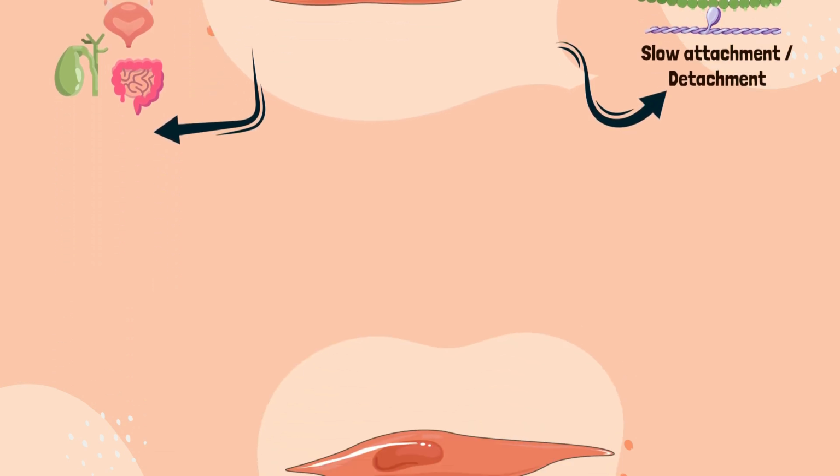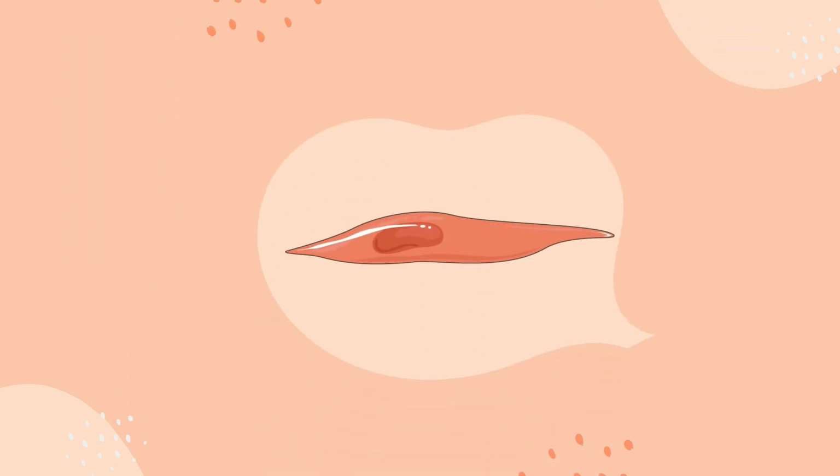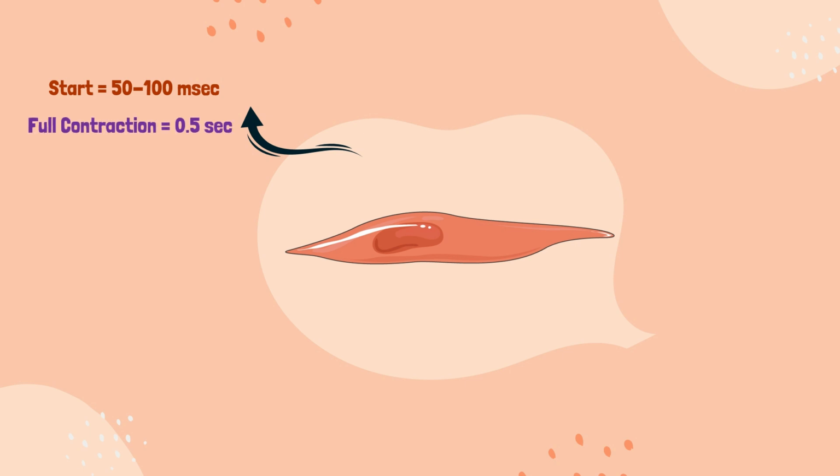Third difference is the slowness of onset of contraction and relaxation of the total smooth muscle tissue. A typical smooth muscle tissue begins to contract 50 to 100 milliseconds after it is excited, reaches full contraction about 0.5 seconds later, and then declines in contractile force in another 1 to 2 seconds, giving a total contraction time of 1 to 3 seconds.